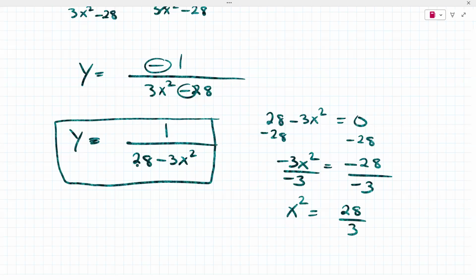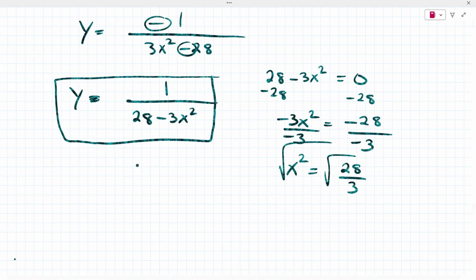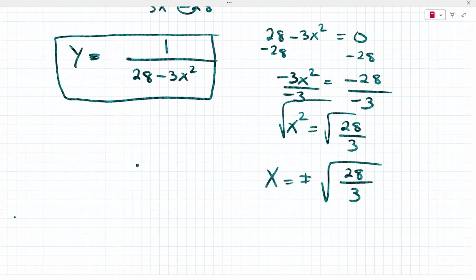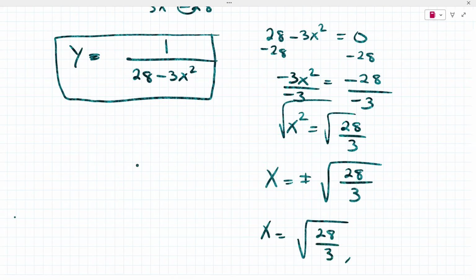And then you've got to solve for x, so you take the square root of both sides. So you get x equals plus or minus square root of 28 over 3. So you have two x values: positive square root of 28 over 3, and negative square root of 28 over 3.